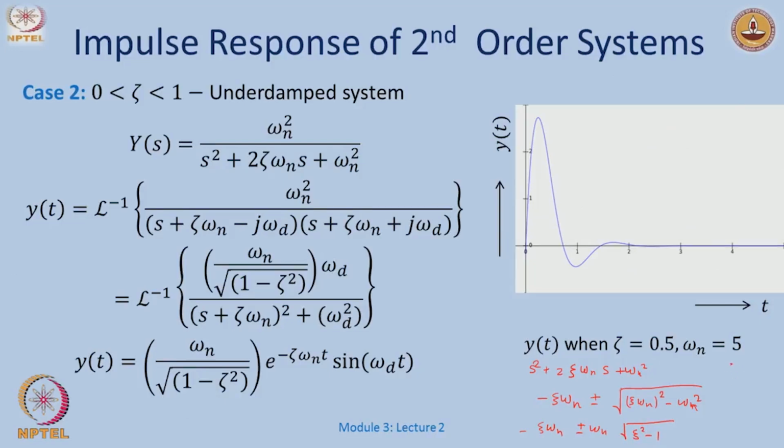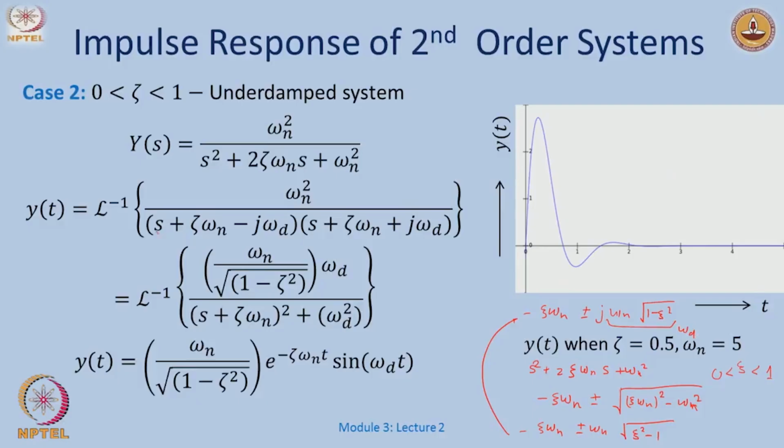Now, when zeta is less than 1 and of course greater than 0, this becomes a complex number, and therefore the roots look like minus zeta omega n plus or minus j omega n times the square root of 1 minus zeta squared, and this I will call omega d.